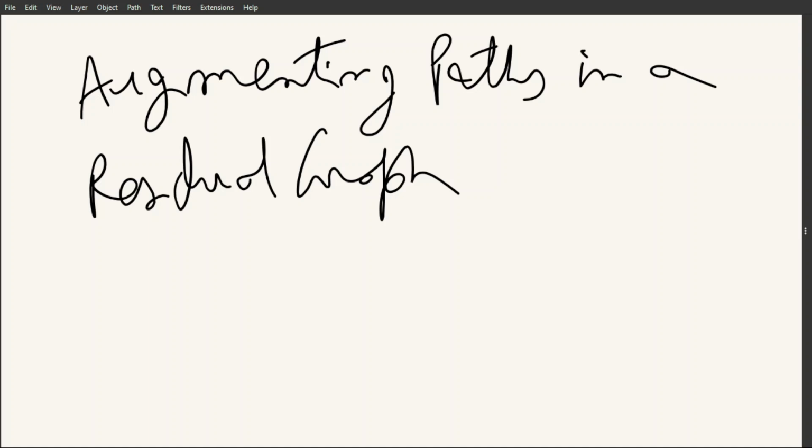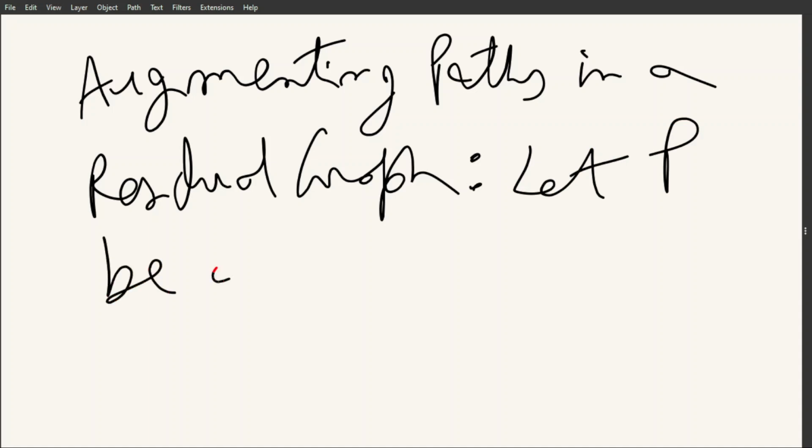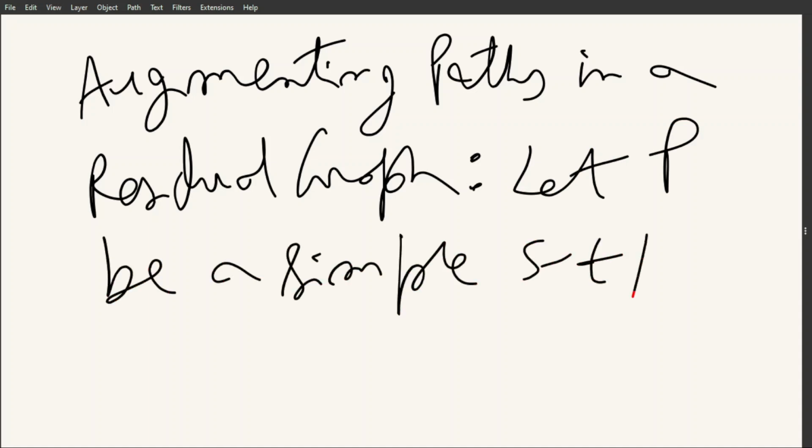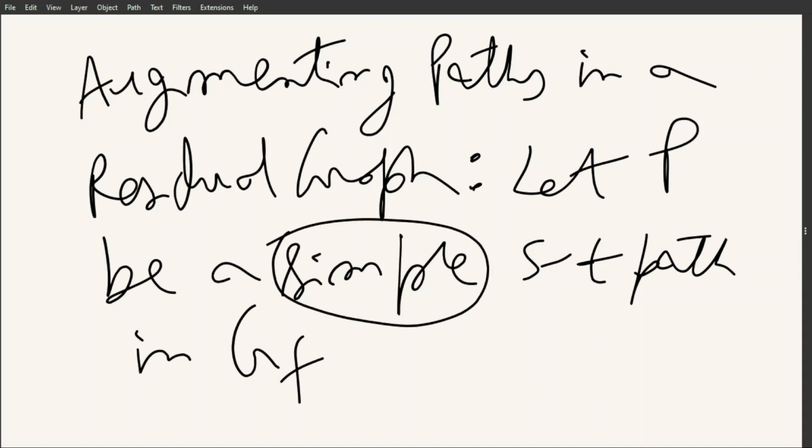Here we find a simple S to T path. Let P be a simple S to T path in GF. By simple we mean no vertex should be repeated. So we find a simple S to T path in GF, with no vertex repeated.